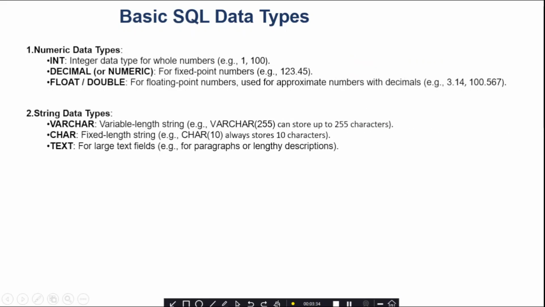string data types. It contains character, char, varchar, text. You have to write it like this: varchar with 255 in brackets. You can use any number like 20, 30, 50.